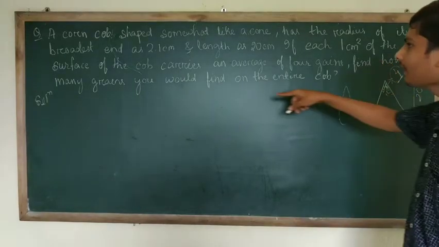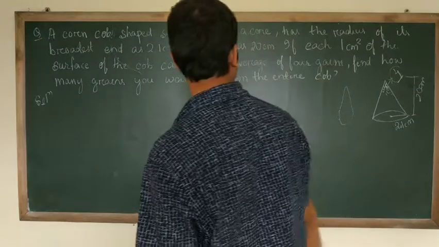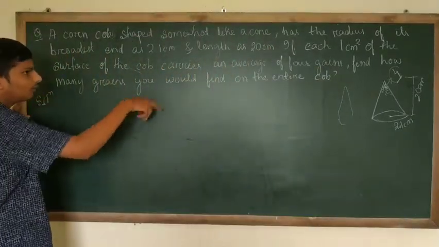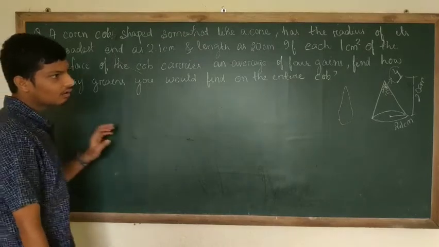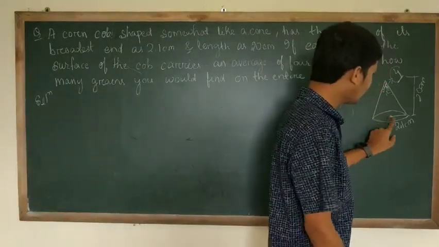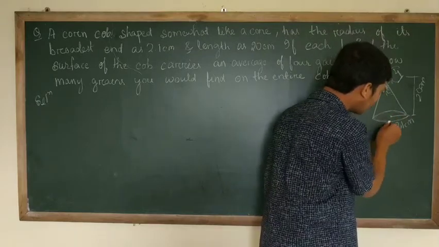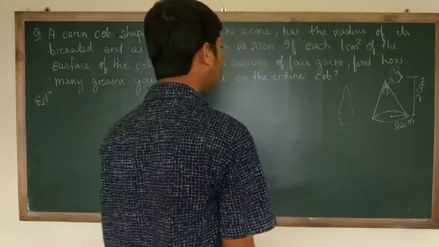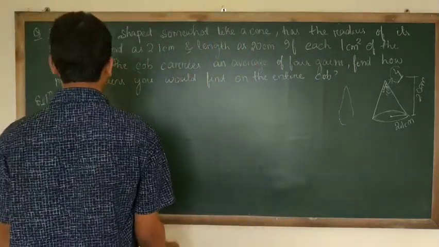So find how many grains you would find on the entire cone. So we have to find the surface area. Which surface area? Only CSA, not PSA, because in this portion no cone will be there. So we have to find the curved surface area.